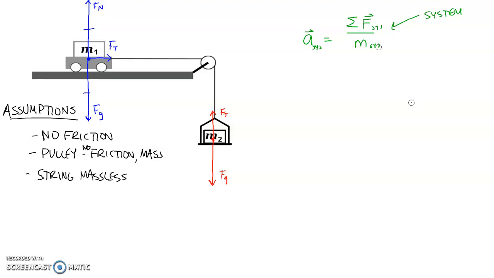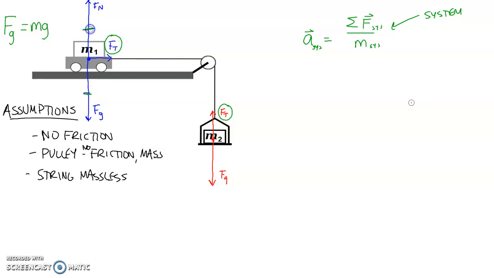Now, if we were to do this, in both scenarios, we would need to know what the tension force is. And we don't know that. Even if we knew what the masses were, we would be able to calculate the gravitational forces. And then we would be able to calculate the normal force, right? Because we'd have this equation, Fg equals mg. So if I told you what the mass was for each of these, you would calculate it and you would get the force.